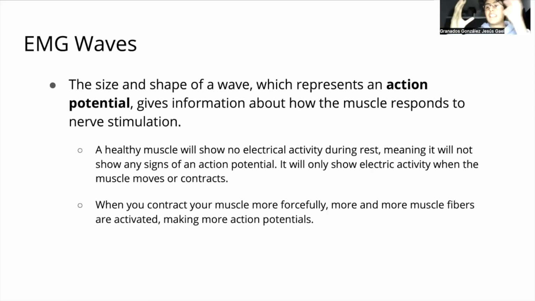This depends completely on the action potential, which is the electricity that the muscles need in order to work. This will also be explained later with the motor neuron system. But keep in mind that these waves are produced by the electrical signals that are needed in order for muscles to work.